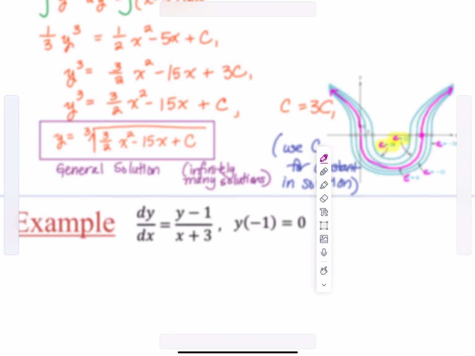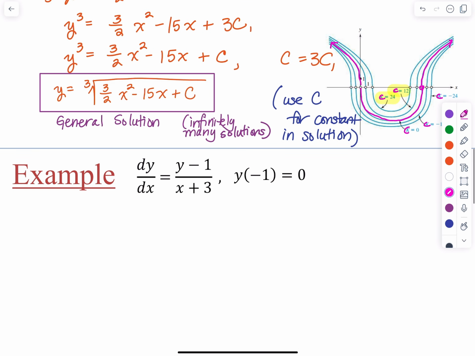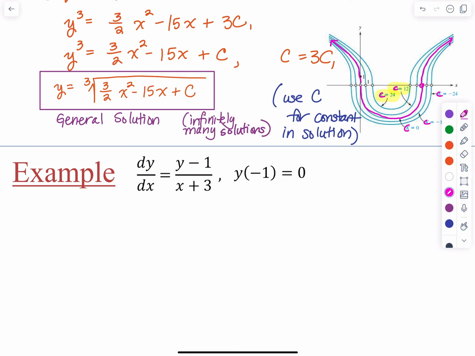Okay, let's take a look at the next example. dy/dx is equal to (y minus 1) divided by (x plus 3). You can see right away that this is a separable differential equation. We can have 1 divided by (y minus 1) dy is equal to 1 divided by (x plus 3) dx.